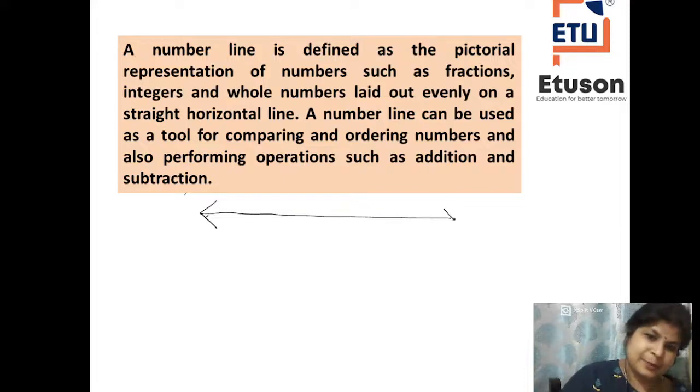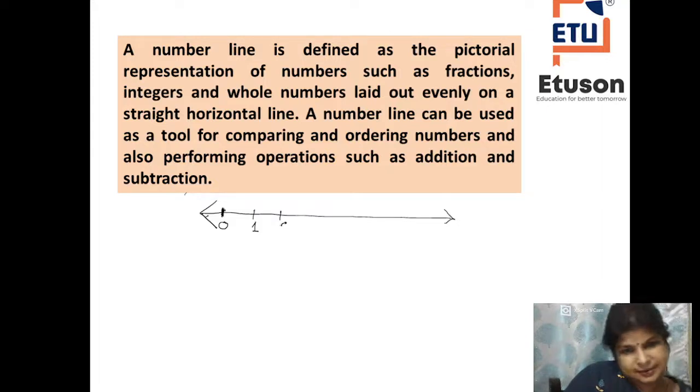Yeah, this is better. Okay, so we will start with the origin, that is 0. Then we will mark equally spaced lines on that and we will order it according to the sequence.